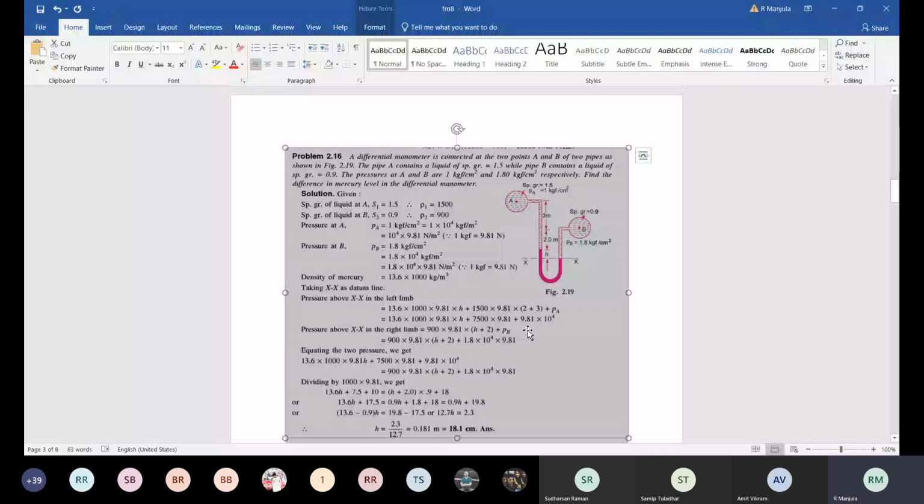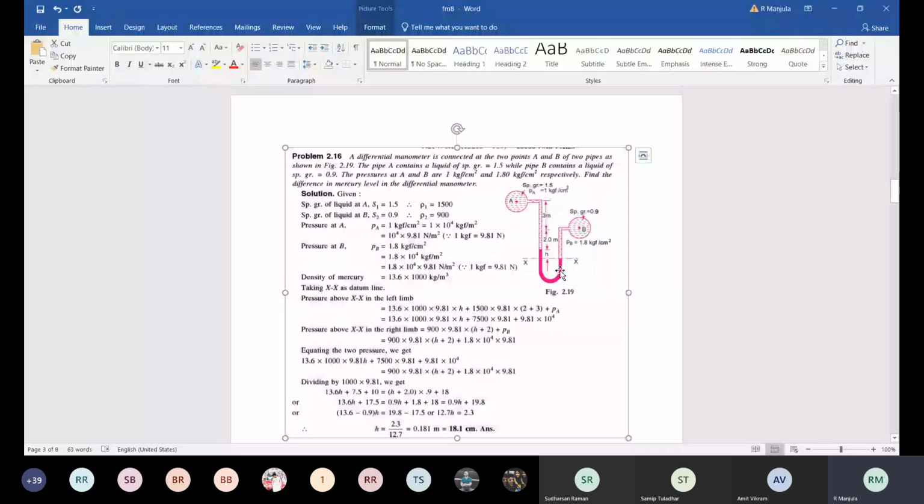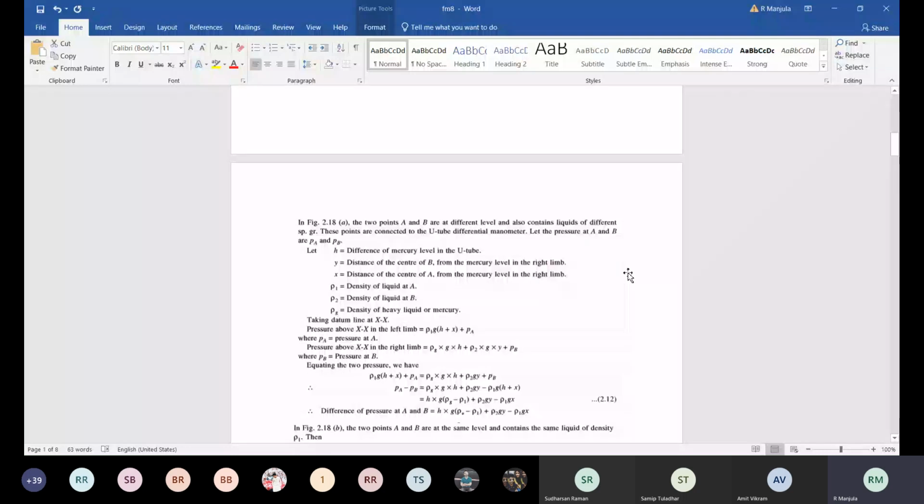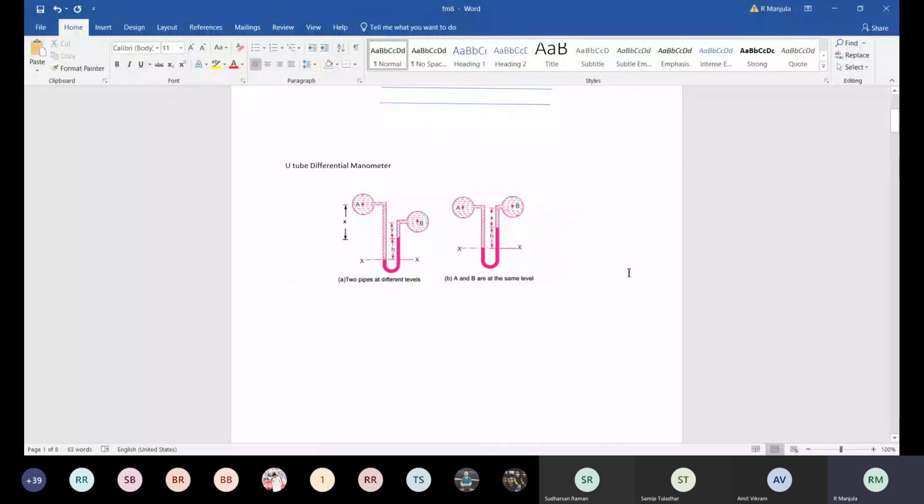You can see this is similar, maybe this H. So you have to find out this; A and B levels are given.